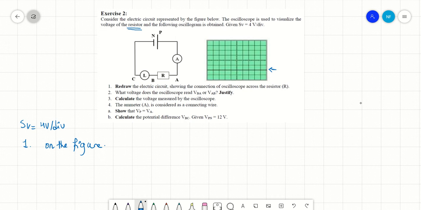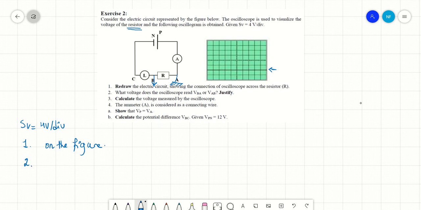So on the positive side I will have the ground, and on the negative side I will have the phase. In the normal case, the phase will be connected to the side of the positive pole to read positive, and the ground will be connected to the side of the negative pole. But as from the screen of the oscillogram it's reading a negative value of the voltage, I have to connect the oscilloscope in a wrong way. That's why I connected it this way.